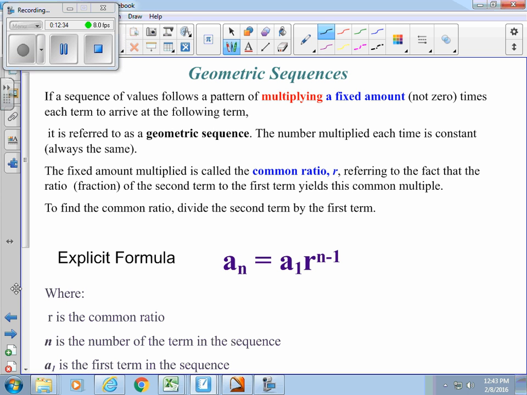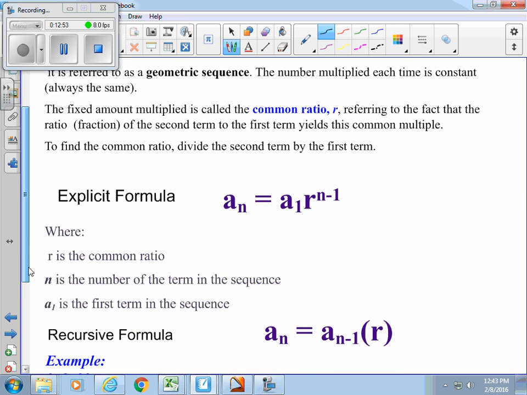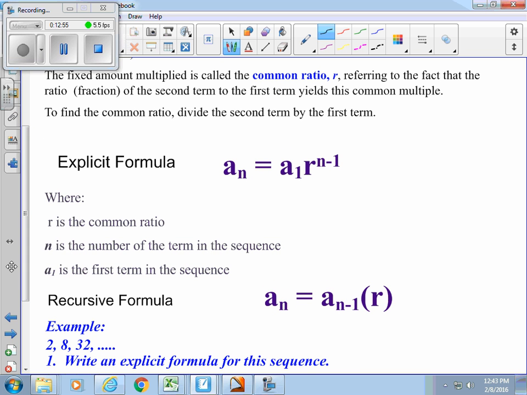To find the common ratio, you divide the second term by the first term. In general, your explicit formula is the first term times the common ratio to the n minus 1. And your recursive formula is the previous term times the common ratio.